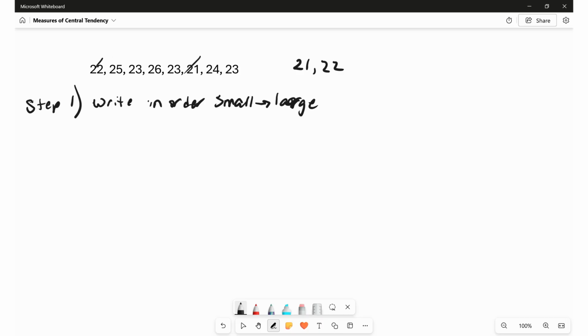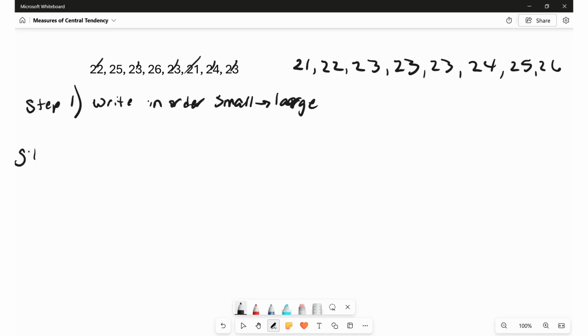I like to mark them off a little bit. 23, and I've got another 23, and yet another 23, because then I can tell which ones I've used and which ones I haven't. 24, 25, and 26.